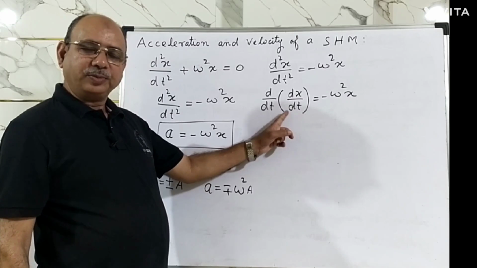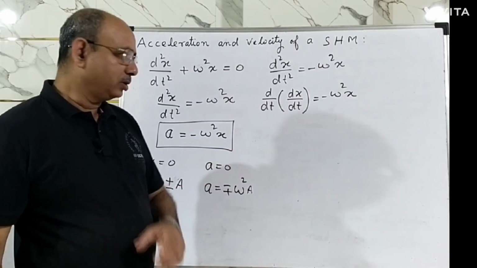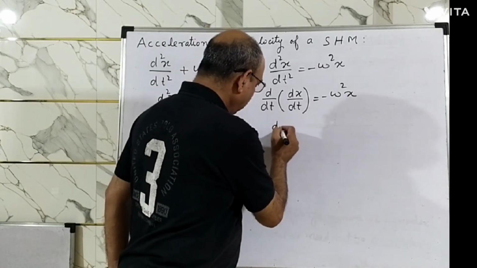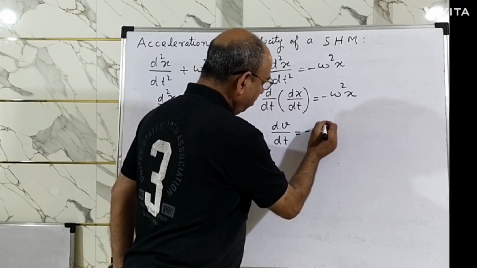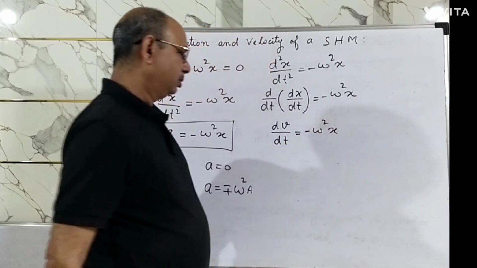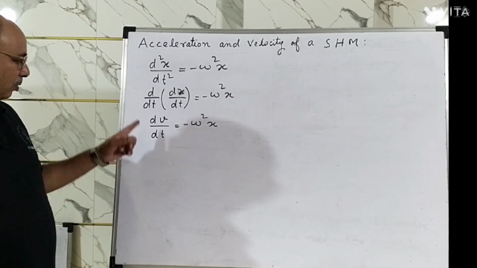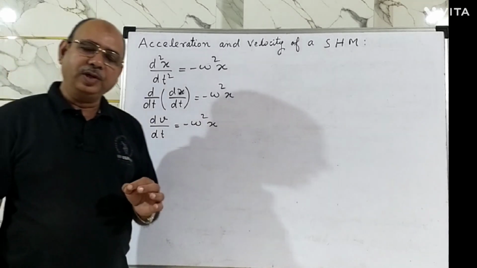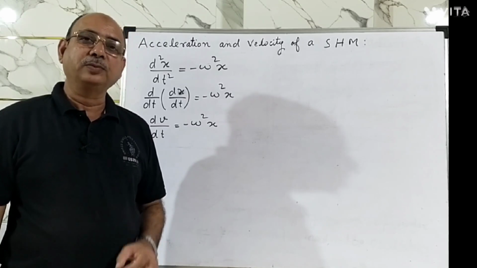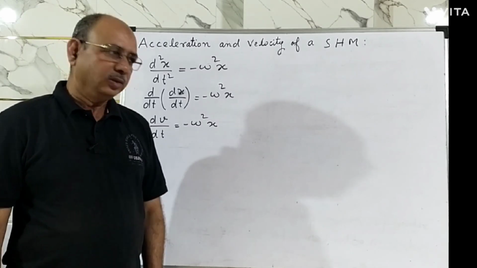And dx upon dt, rate of change of displacement, is velocity. We can write it as dv upon dt is equal to minus omega square x. Here velocity is changing with time, but we have to derive the expression for velocity in terms of displacement x.